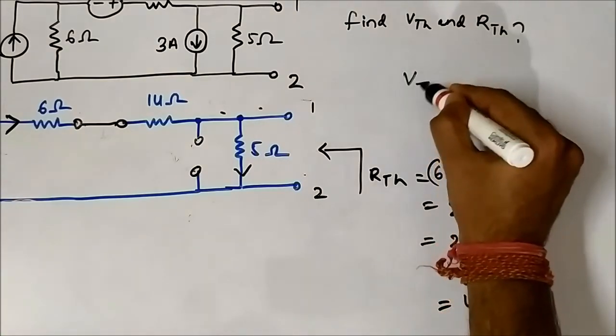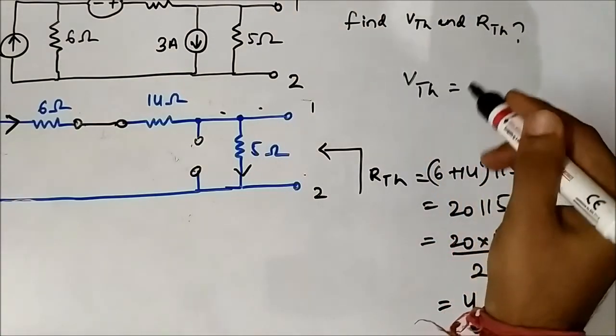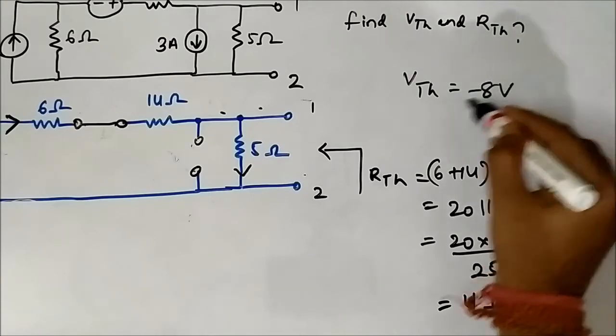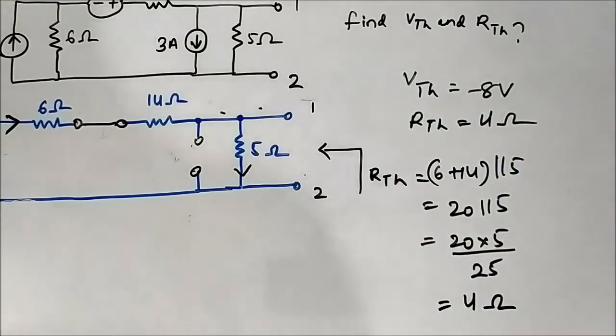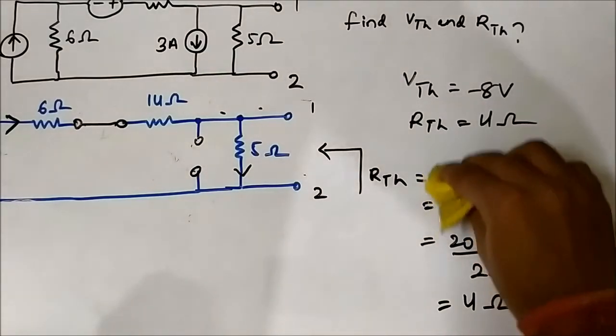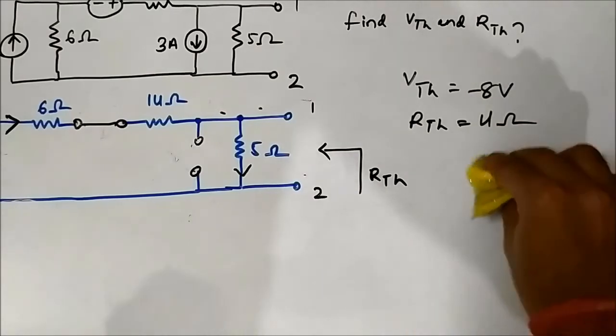VTH we calculated as minus 8 volt, RTH as 4 ohm. So we solved the question. VTH is minus 8 volt, RTH is 4 ohm.